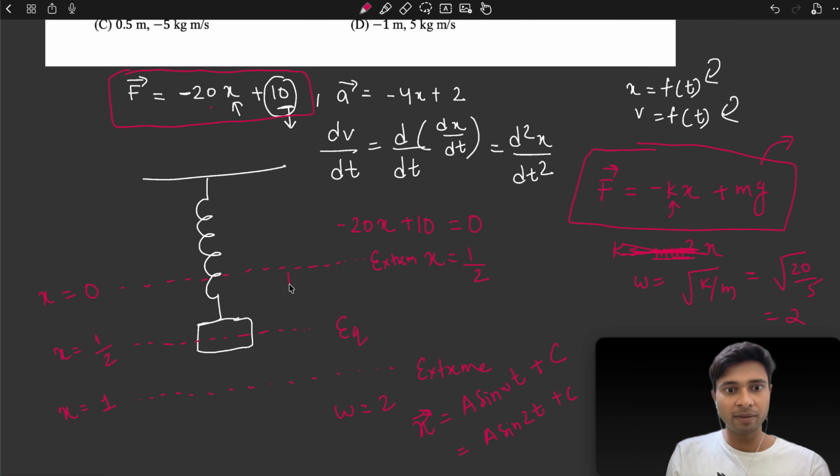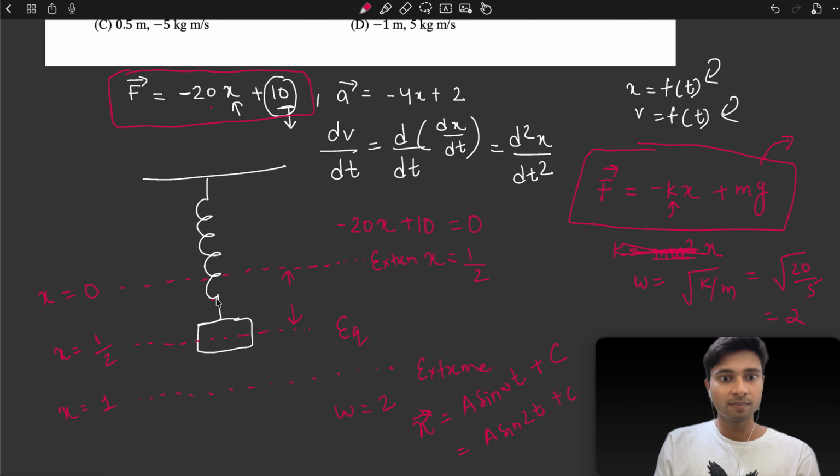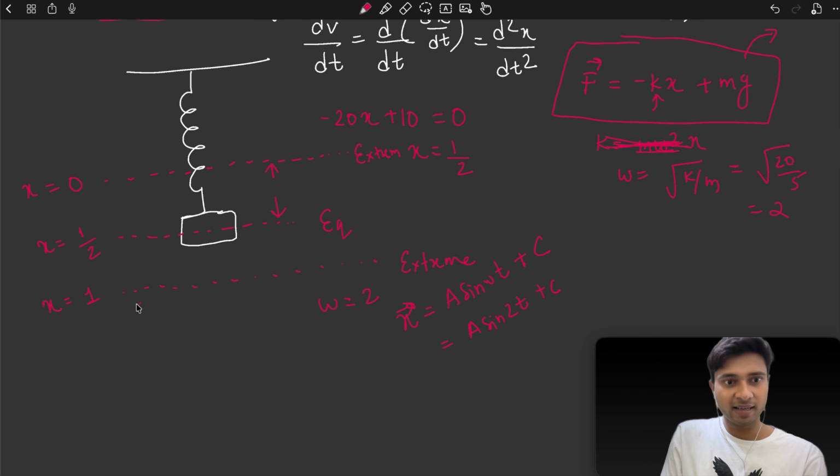A is nothing but the amplitude, the difference between equilibrium and extreme position, which is 1 by 2. So I can write x equals 1 by 2 sine 2t plus c.